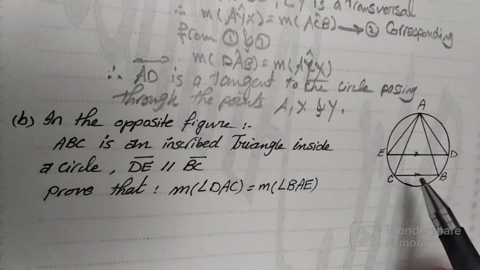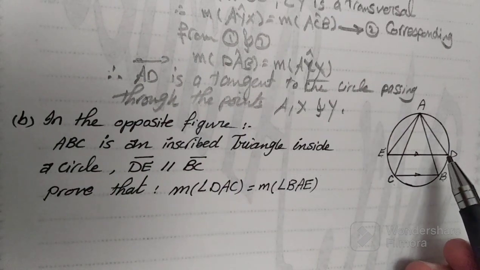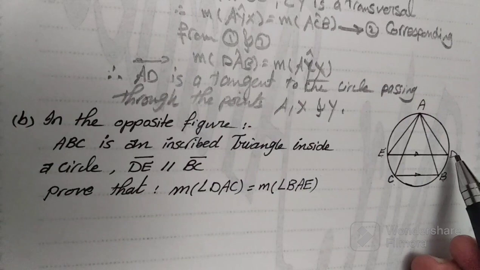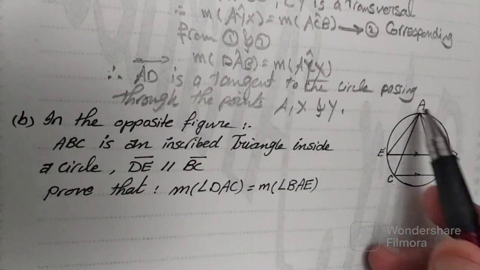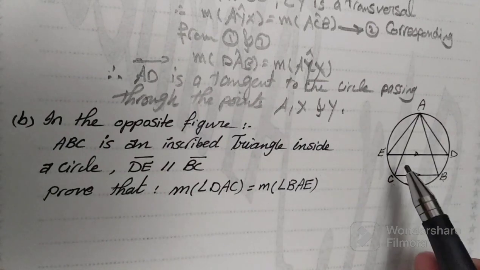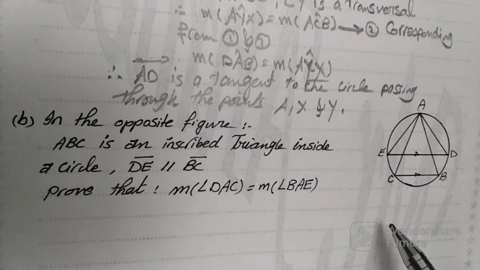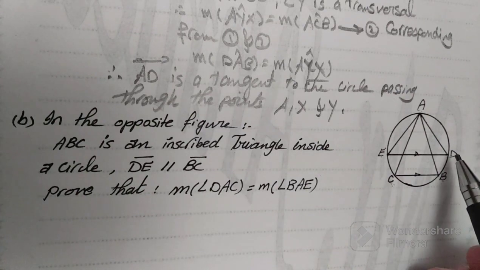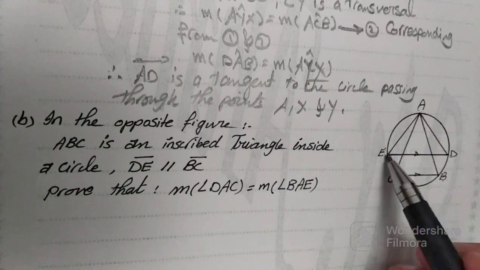Okay, therefore the inscribed angles drawn on them are equal in measure. Therefore DAB equals the measure of angle EAC. By adding the measure of angle BAC to both, the result is DAC equals the measure of angle BAE. This is the first solution.